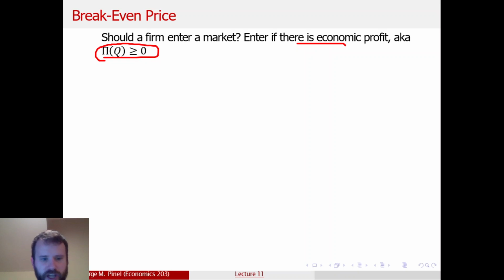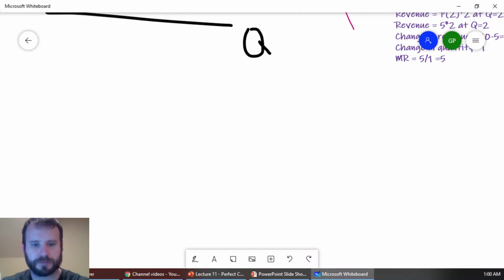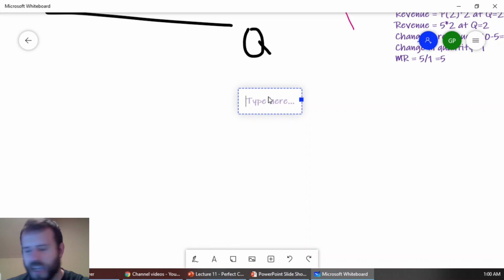All right, so let's turn to whiteboard. I'm going to walk you through some steps because I think it's easier to do this with whiteboard than the PowerPoint that I wrote. And I don't know if I said this, but these break-even and shutdown prices can apply to not just perfect competition. They'll apply to other things too, but it's most important in perfect competition.